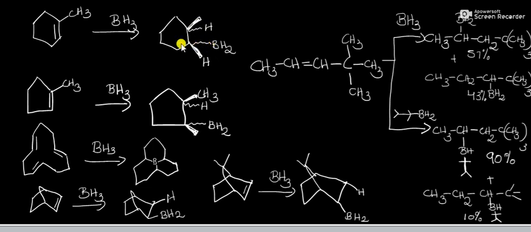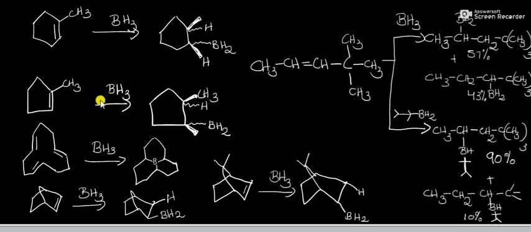That is, BH3 addition is always through the sterically free side, and it is a syn addition of BH2 and hydrogen. Here BH2 and hydrogen add to this double bond from the same side, and it should be the sterically free side.